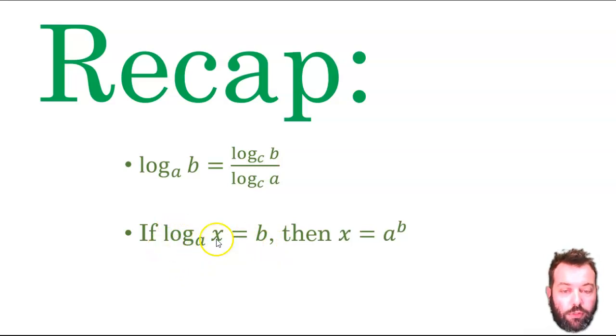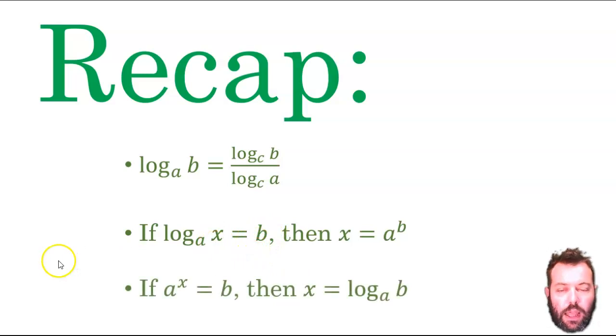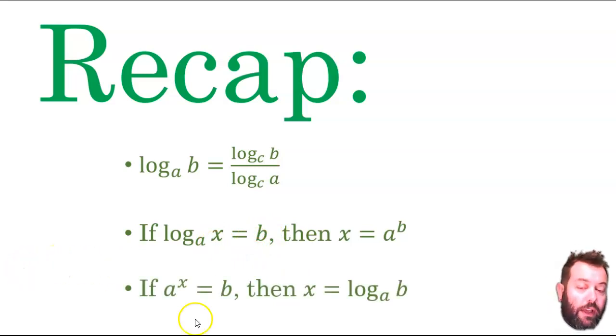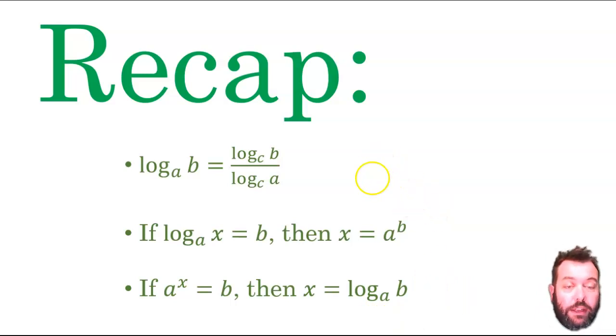So a to the log of this equals a to the log of this. And finally here, if I have an equation that looks like this, I take the logs of both sides, the log base a of both sides, and x equals log base a of b. Rightio, that's solving equations using logarithms and indices.